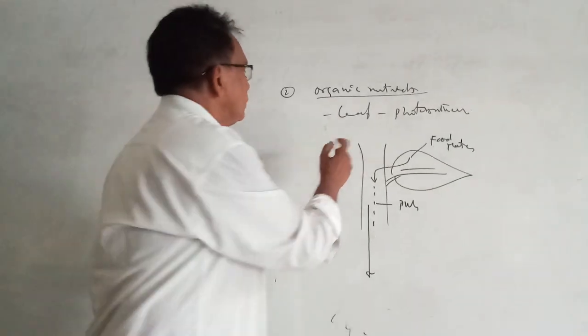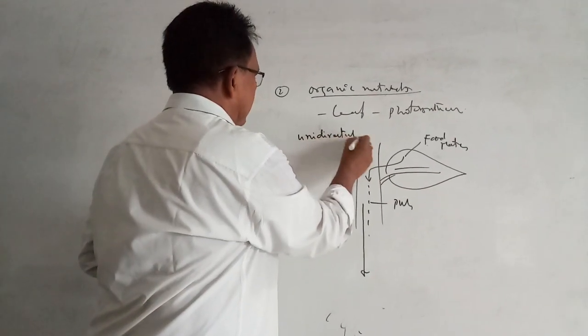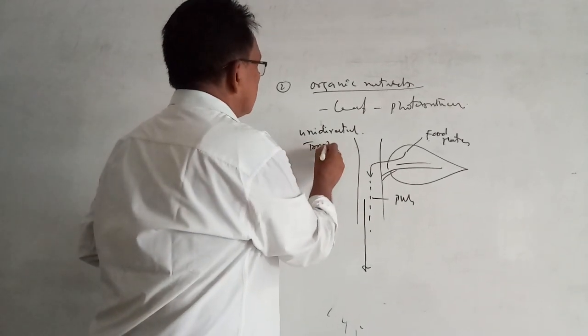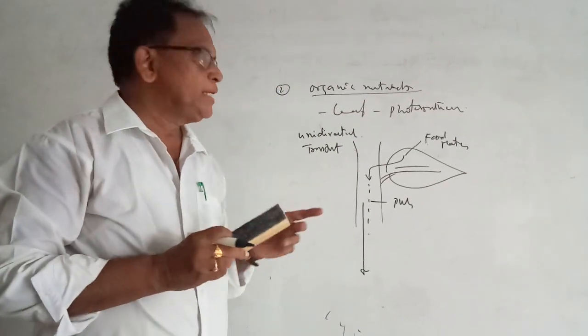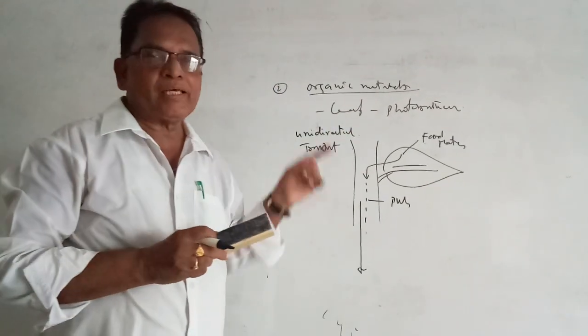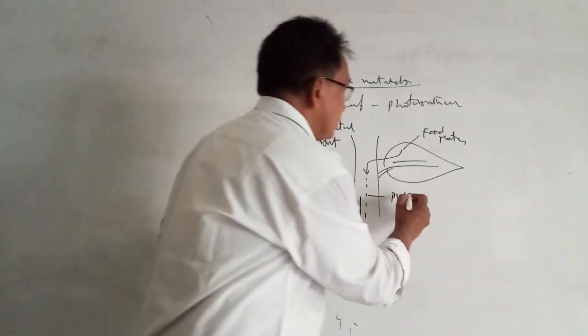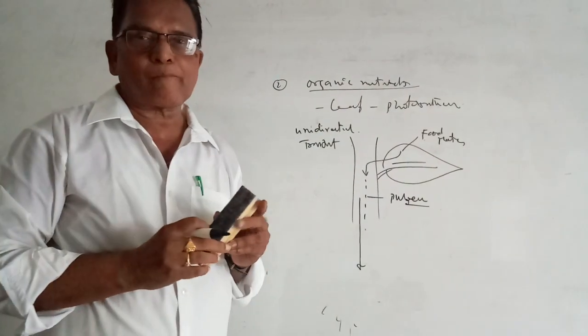This is also unidirectional transport. In the same way as in the case of water movement, food materials are transported from the leaf to the root system through the tissue known as phloem. So it is also unidirectional.